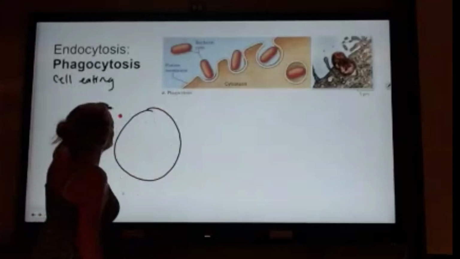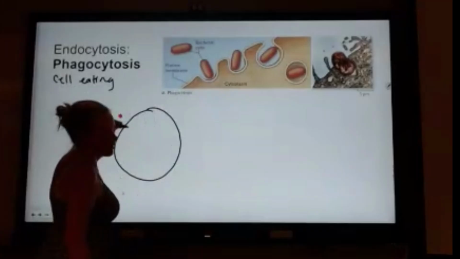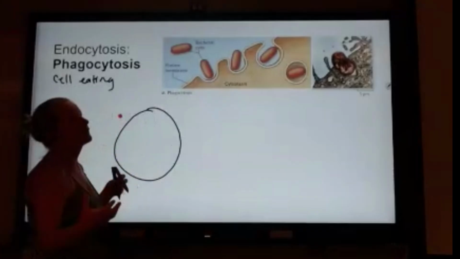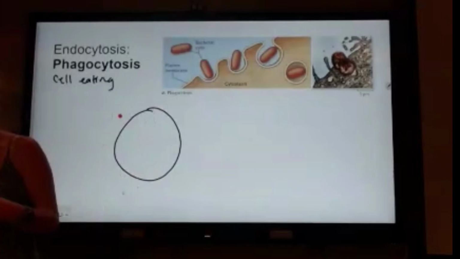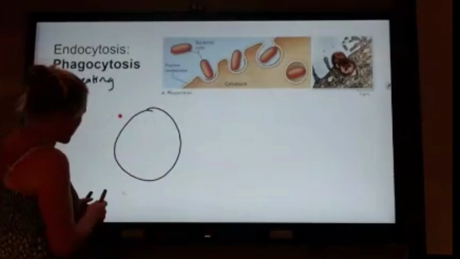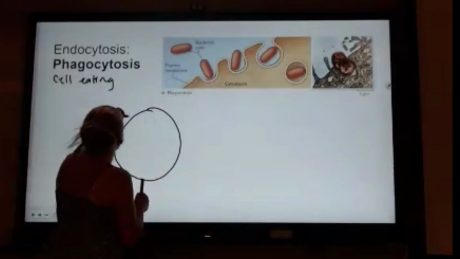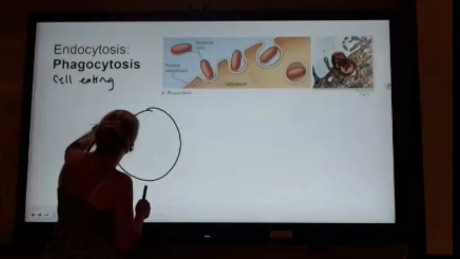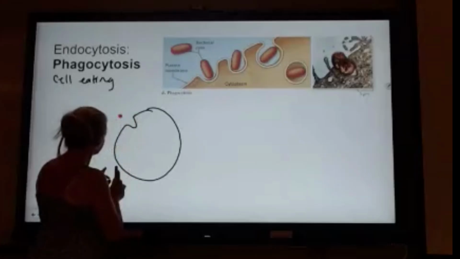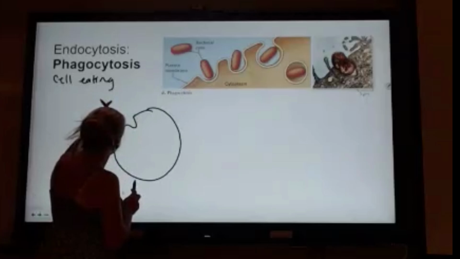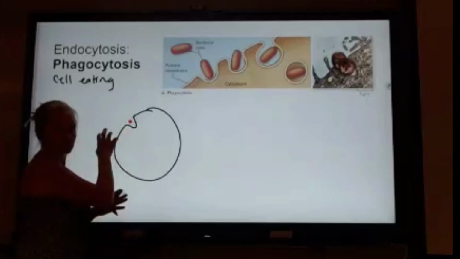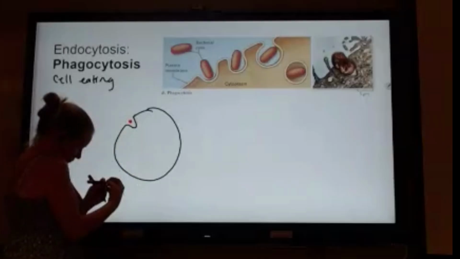Okay, whether this is a bacteria cell or just a large organic molecule or whatever the cell is after. Okay, so the cell might move closer, but what the cell is going to start to do is just to pinch in their plasma membrane around that particle that they're going to bring in.